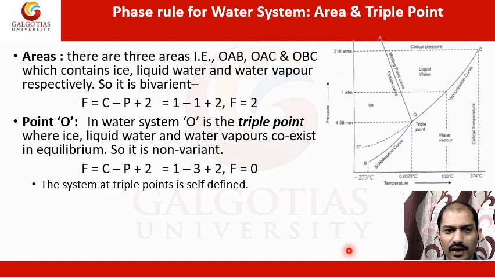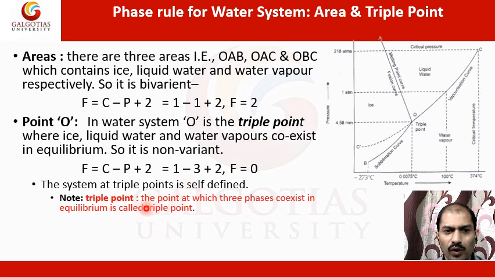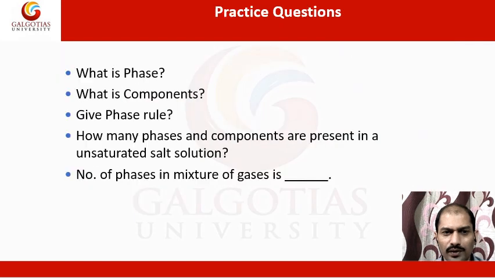The system at the triple point is self-defined, because it is itself defining all three phases, so it is non-variant. At the triple point, three phases coexist, as we already defined, and all the states are coexisting with each other.